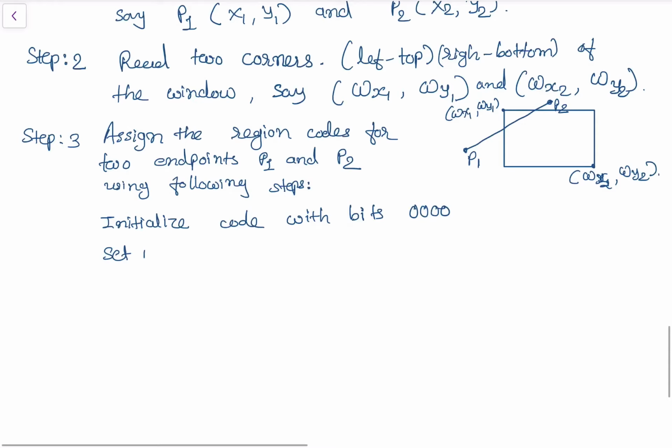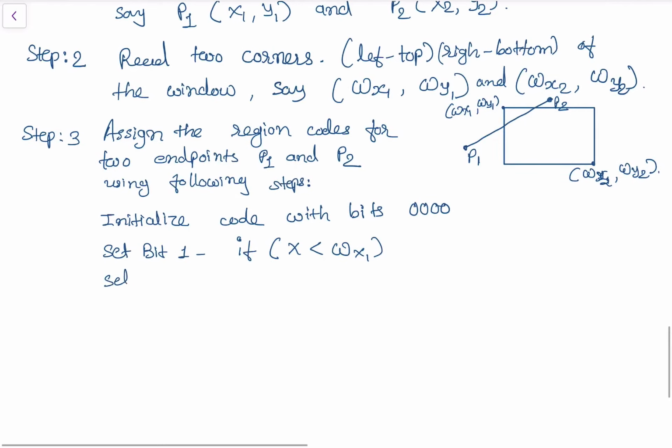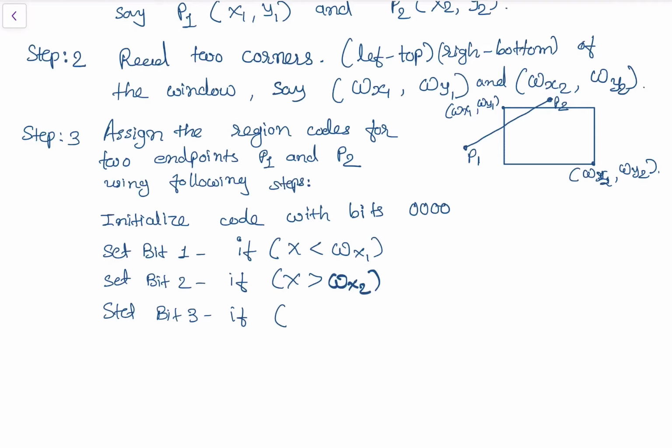Now set bit 1 if x is less than wx1. Set bit 2 if x is greater than wx2. Set bit 3 if y is less than wy2, and set bit 4 if y is greater than wy1.